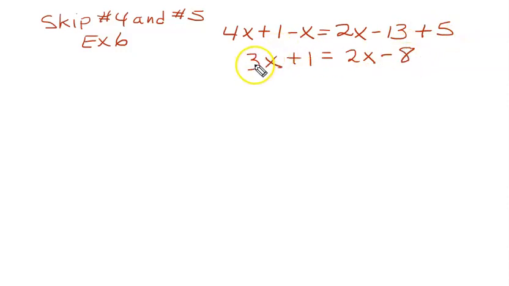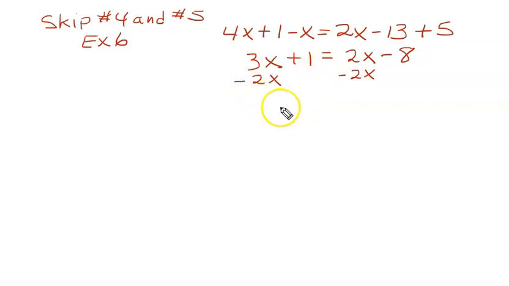So this is often the middle step in your sequence of solving equations, where you get a variable and a number equals a variable and a number. And you want to try to keep your variables positive. So what would you do here at this stage? Well, I'm going to subtract 2x from this side and 2x from that side.